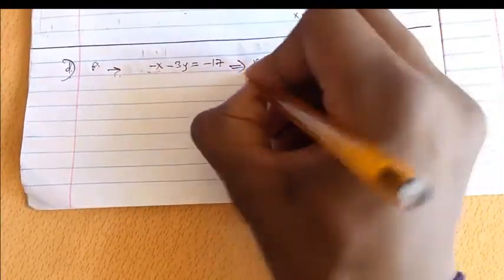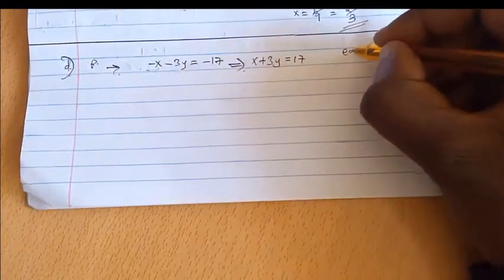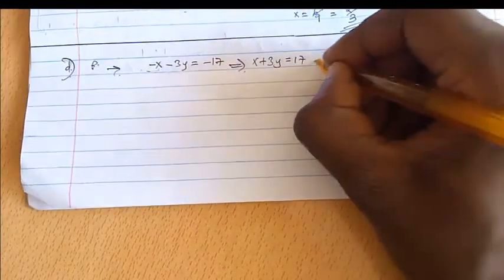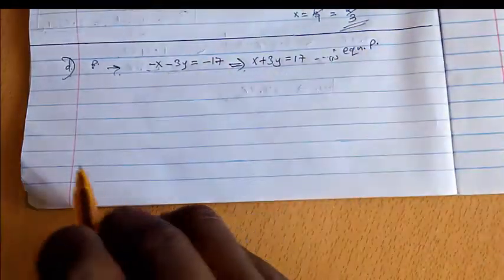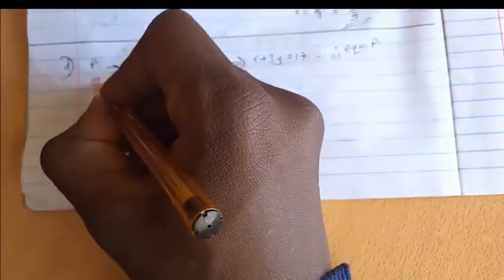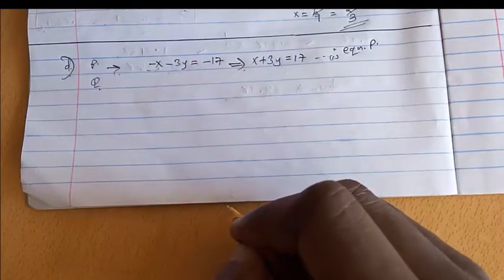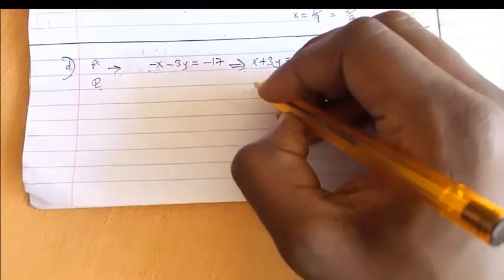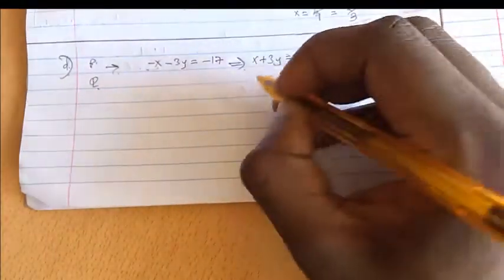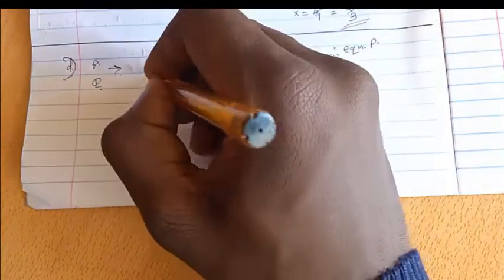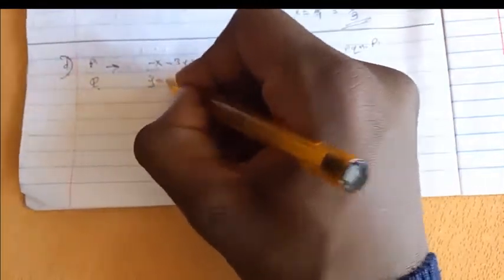Then equation of line Q. The equation of line Q, we had done that and we noticed that we wrote it as y is equal to 3x minus 7. And therefore, I want to rewrite it in the same format.